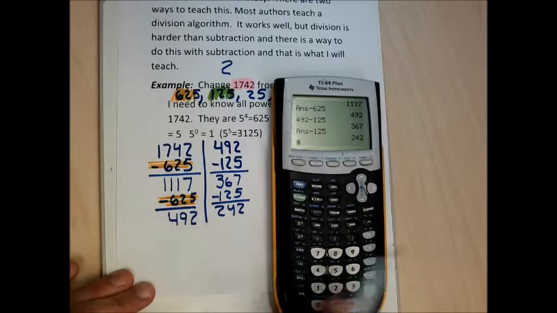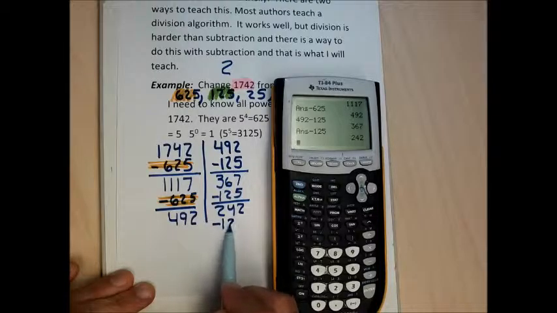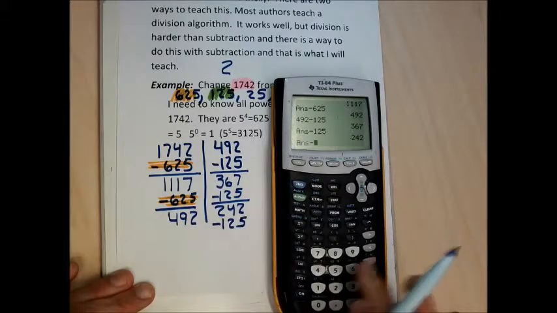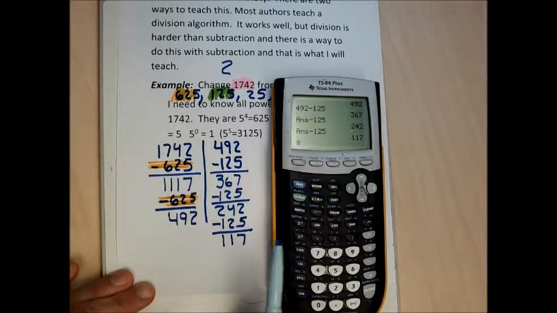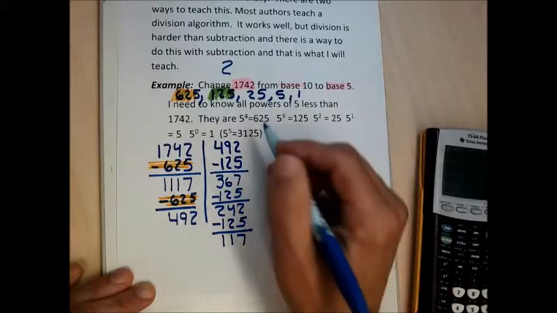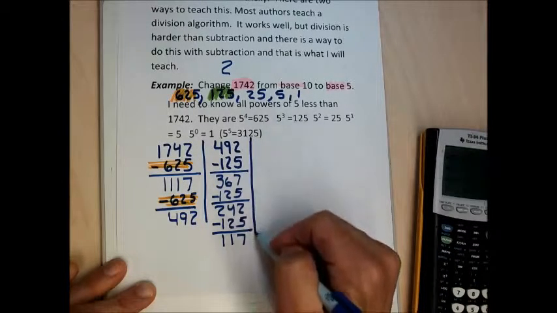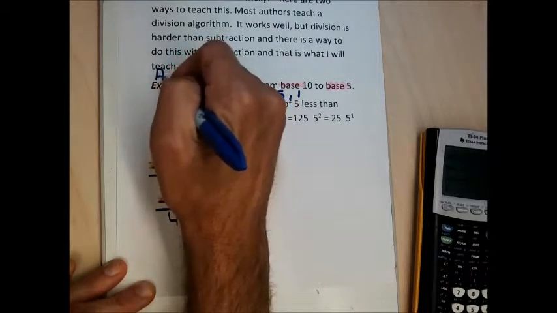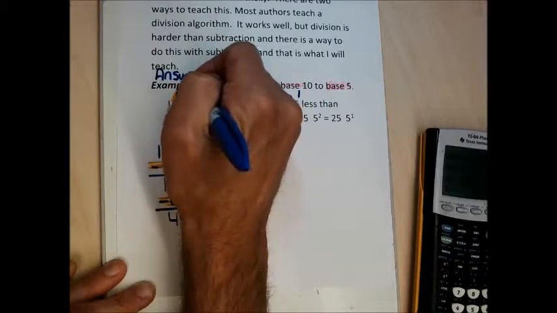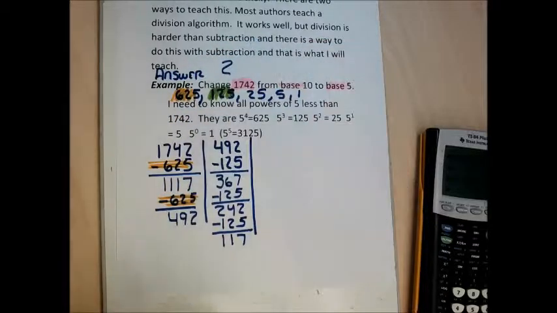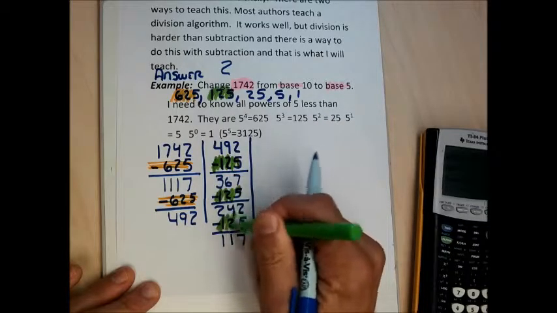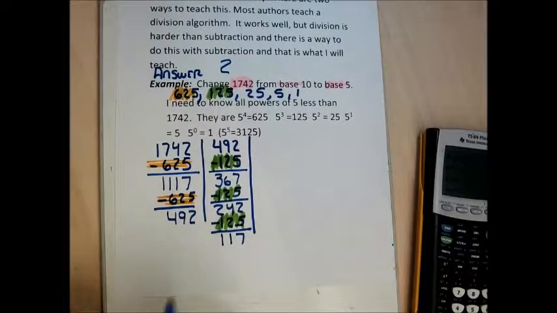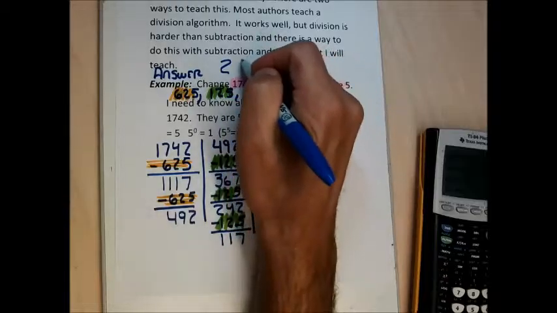That's bigger than 125, so I subtract 125 again. When I do that subtraction, I get 117. That's less than 125, so I'm done with this step. The second number in my answer is going to be 3, because I was able to subtract 125 3 times.